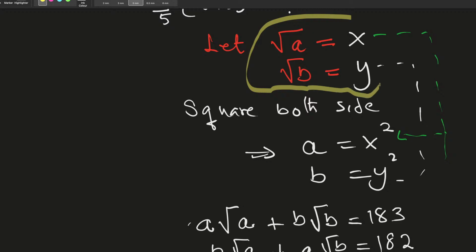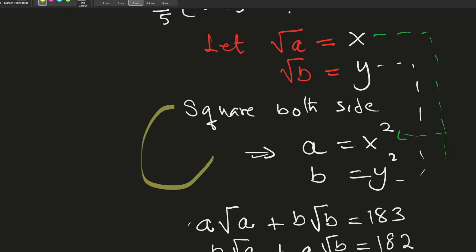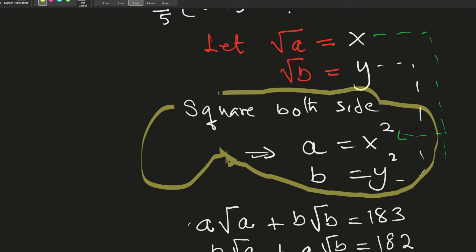Then we squared both sides and landed on this expression that says A is equal to x squared and B is equal to y squared. Friends, it's very interesting, so watch it very carefully.